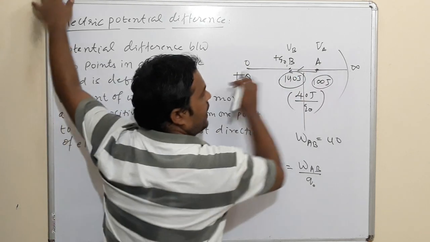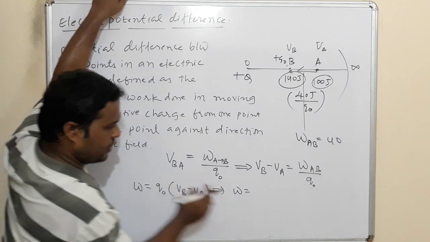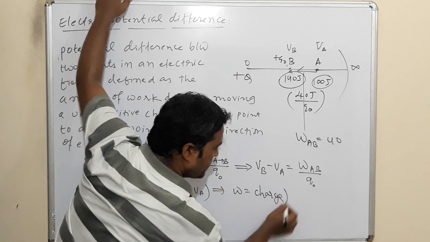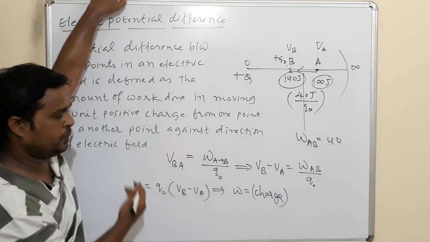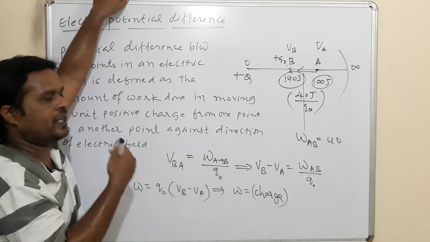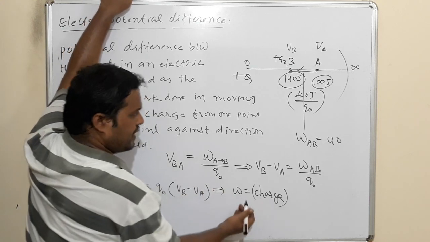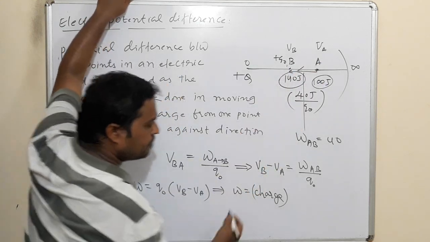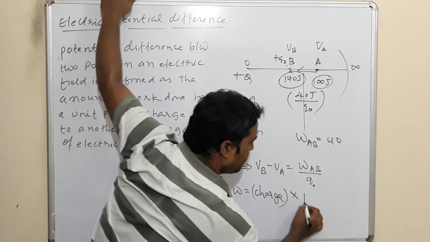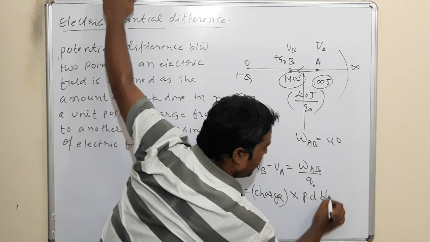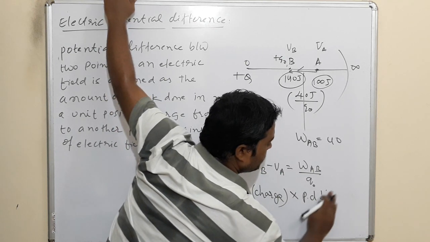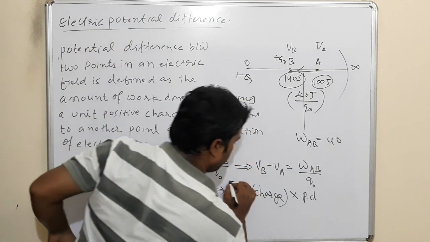The charge which we are moving from A to B is Q naught, whatever it may be, plus 1 microcoulomb, plus 2 microcoulomb, plus 9 microcoulomb, multiplied by the potential difference between A and B. Only this much.